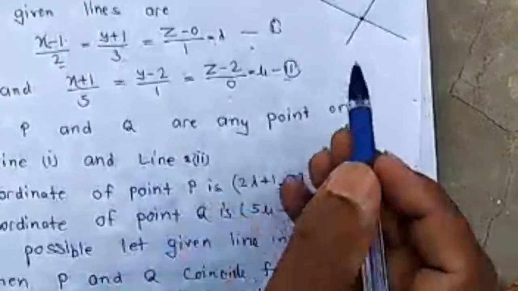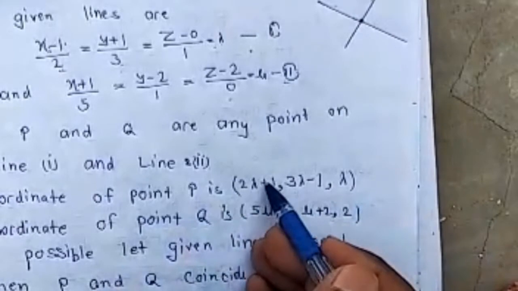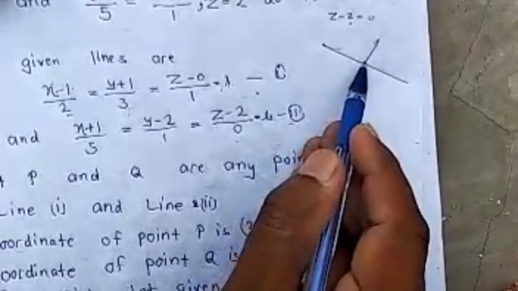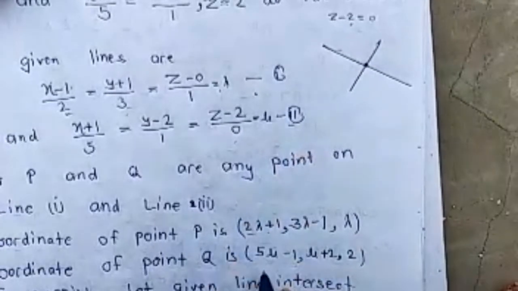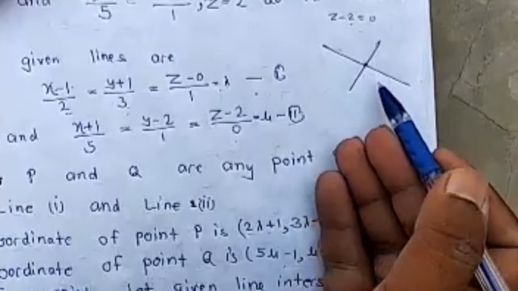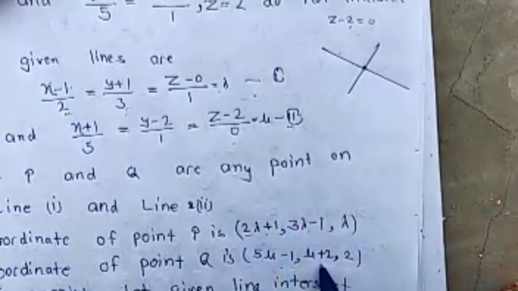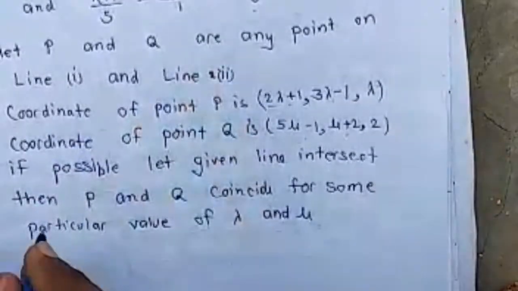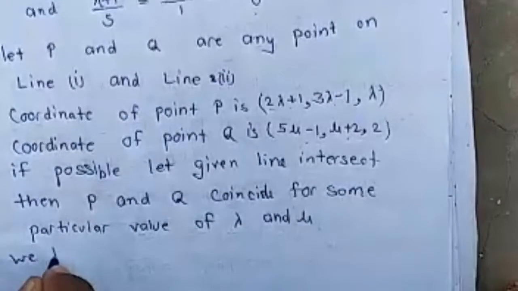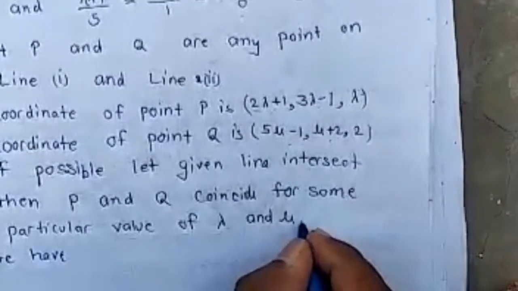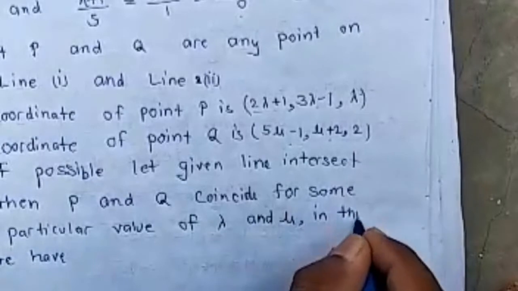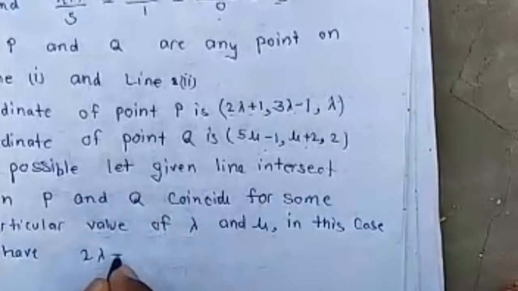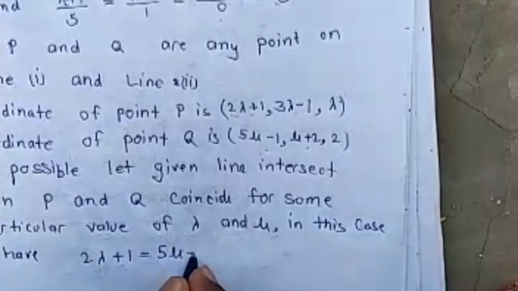At this point, 2 lambda plus 1 equals 5 mu minus 1, because this is the intersection point, and the intersection point is only one. The coordinate of x equals coordinate of x, coordinate of y equals coordinate of y, and coordinate of z equals coordinate of z.